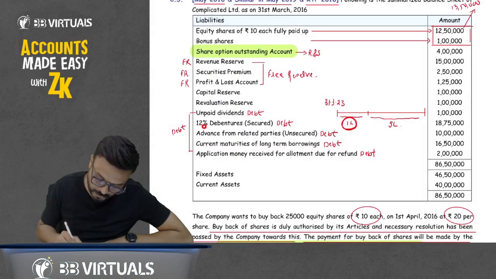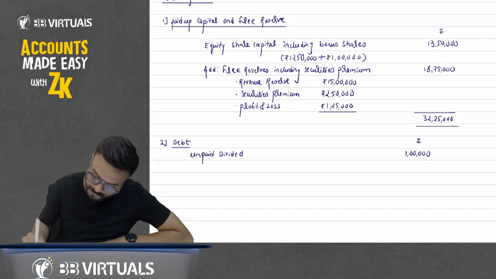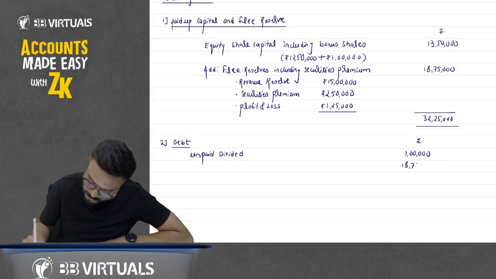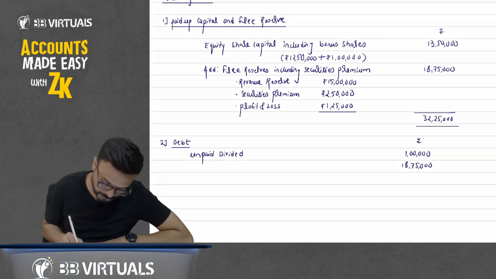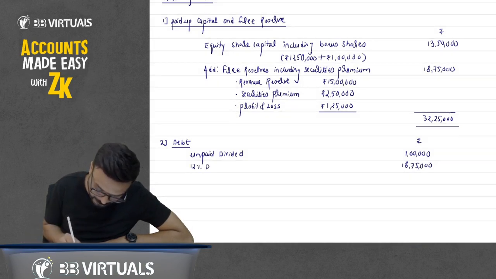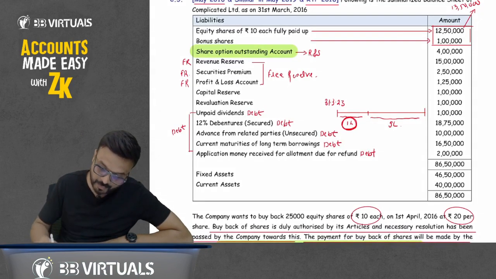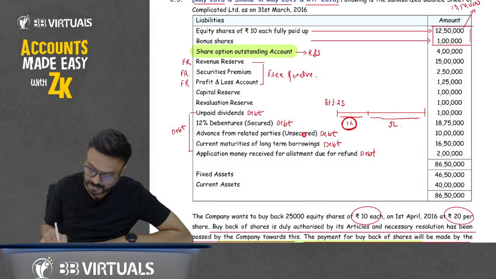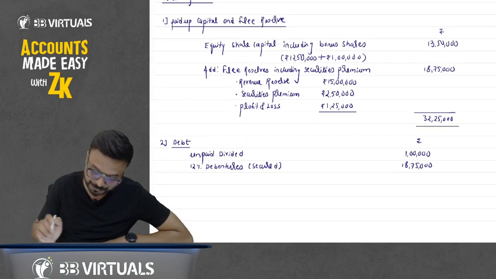Then you have 12% debentures 18,75,000, write down in brackets secured. Okay. Then you have advance from related parties. You have taken an advance from related parties. Unsecured advance it is, 10 lakh.